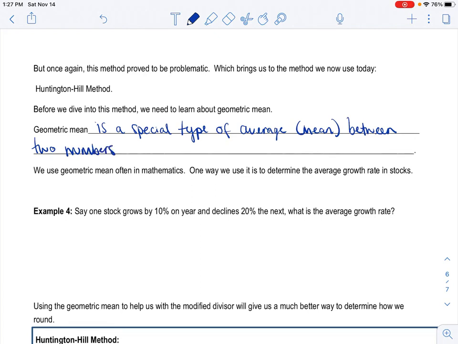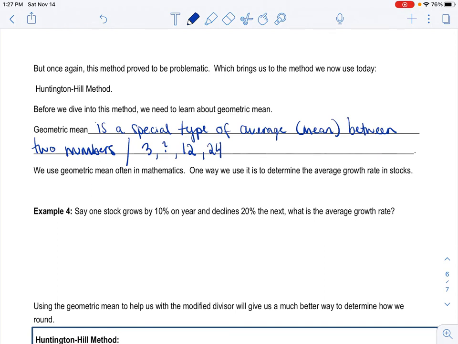numbers. What I mean by a special type is this: if I say 3, I don't know what goes here, and then this is going to be 12, and I'm trying to look for that question mark. Say this pattern keeps on going.